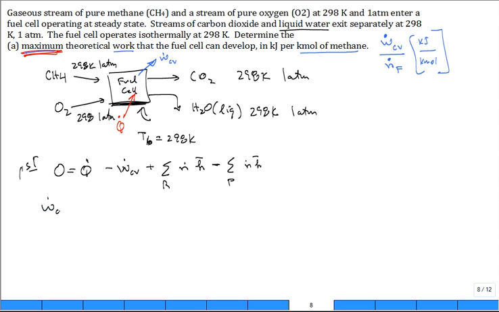Q dot minus W dot CV is equal to the sum over the products of N H bar, and I'm going to put this over N dot fuel, equal to N times H bar minus the sum over the reactants N H bar. All right, I'm trying to do a couple steps in algebra at the same time. Does that work for you?